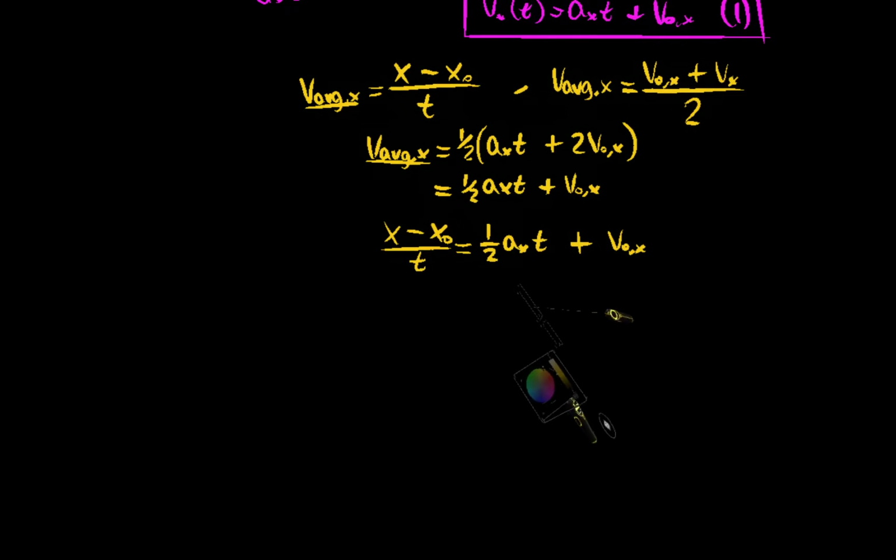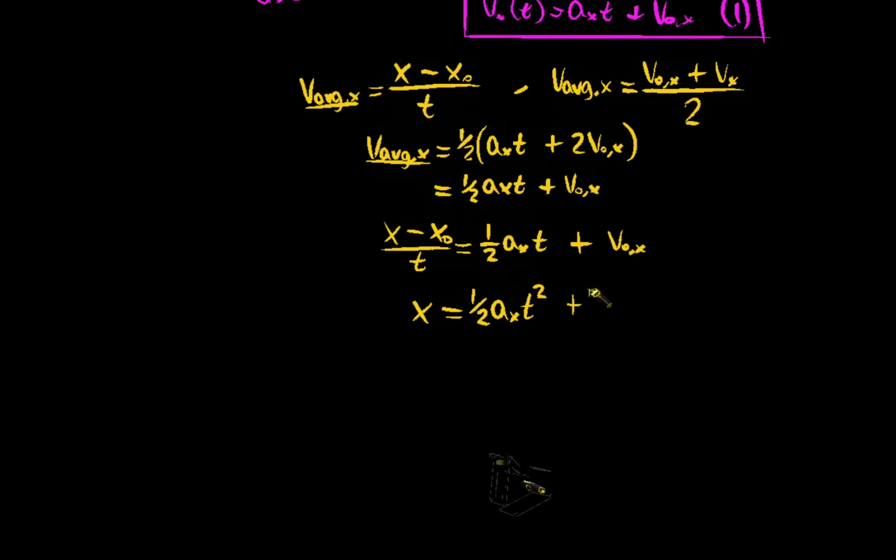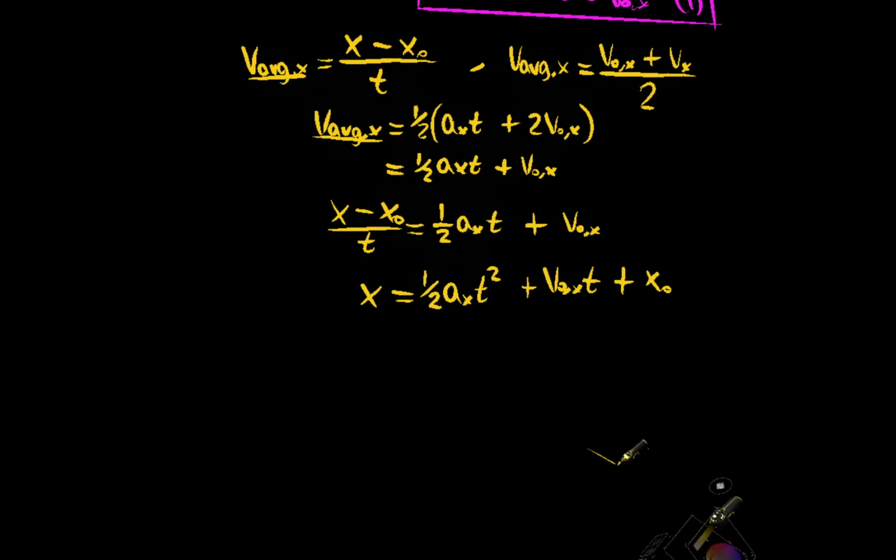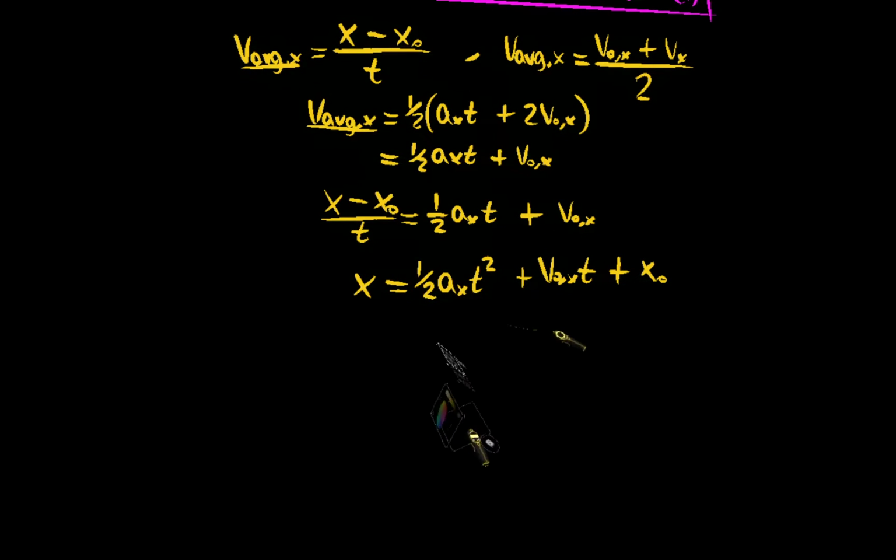And what we come out with, if we solve for x, is x is equal to 1/2 ax t squared plus v naught x t plus x naught. And this is our equation 2.